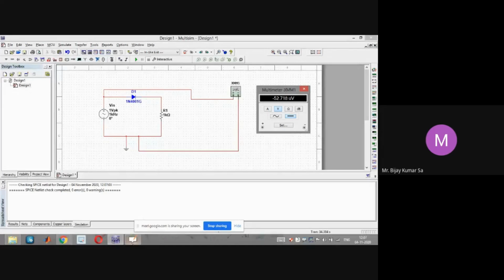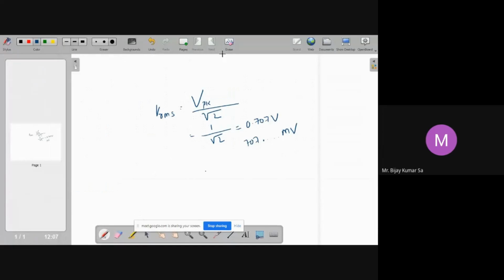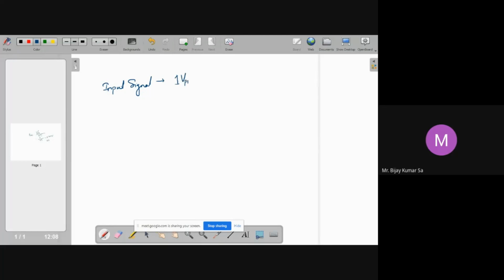So why should we not note all the readings that we are taking. For the input signal, what we have taken, 1 V peak, 1 kilohertz, for which we found that VAC is coming as 707 millivolt. 707 point something was there.